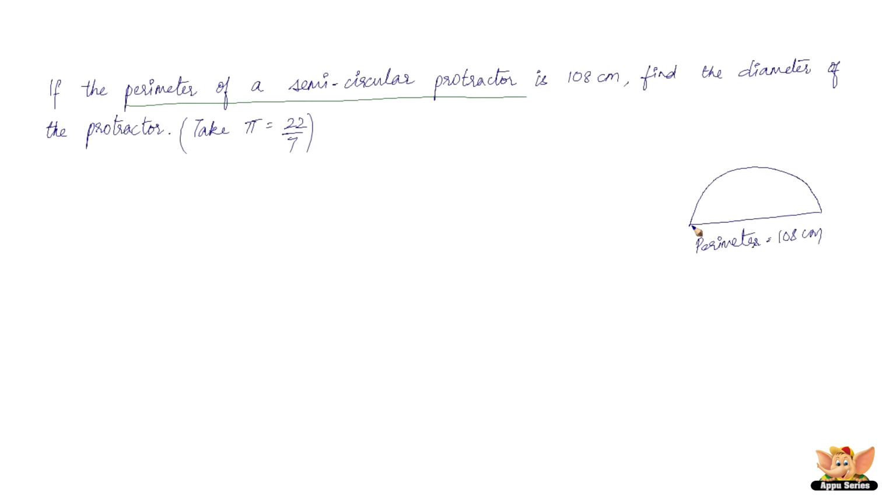But imagine this was a circle. This would have been the circumference, and only this part would have been half the circumference, right? This curvy part would have been half the circumference. So now how can we write this in the form of an equation?